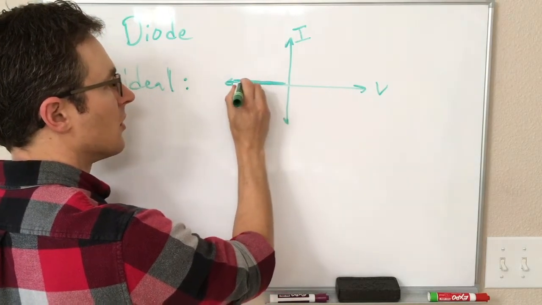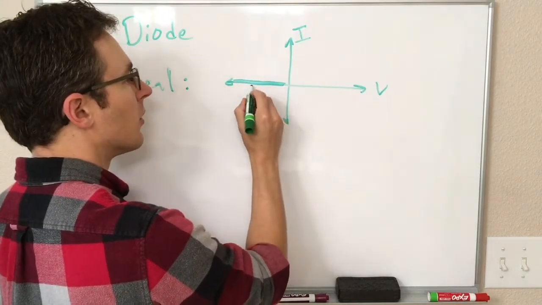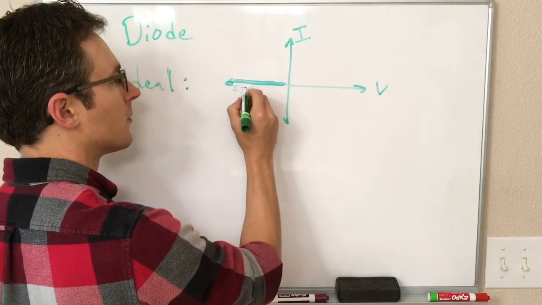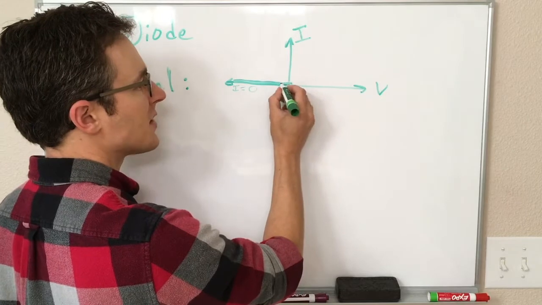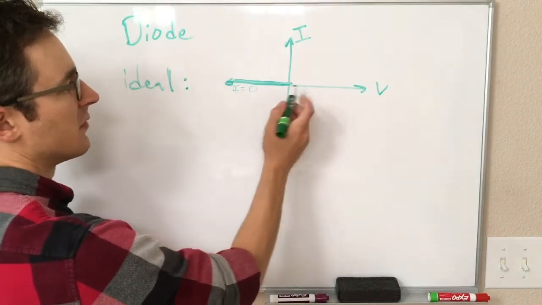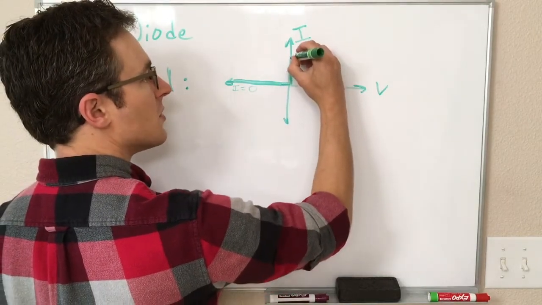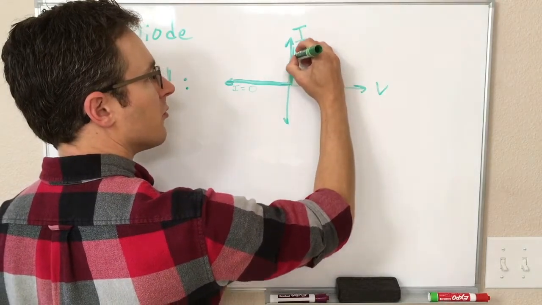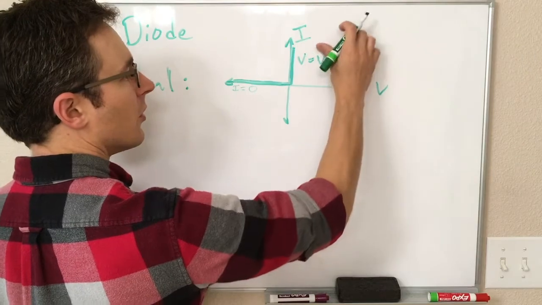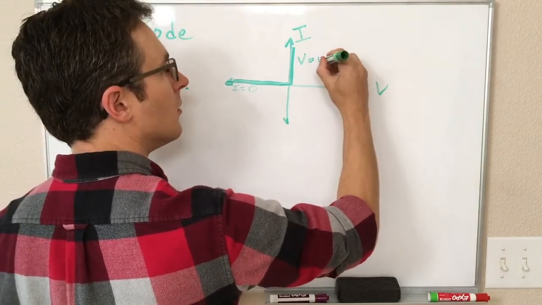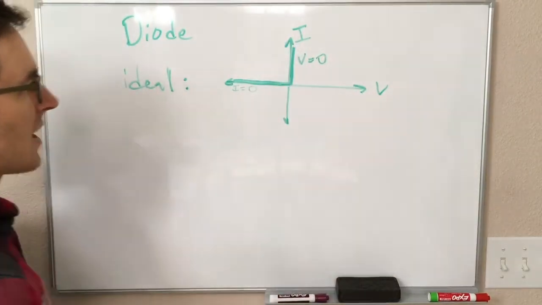So this is zero everywhere, zero current. And then for a positive voltage, as soon as our voltage goes from being negative to positive, this goes perfectly vertically, where V equals 0 and I can be whatever it has to be.